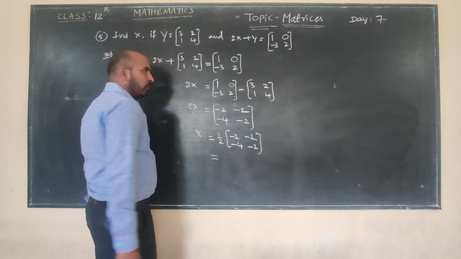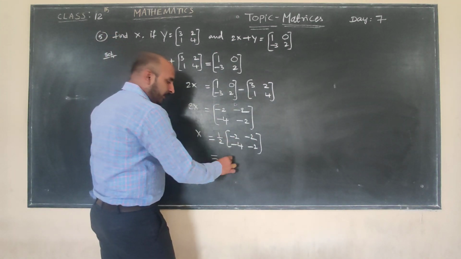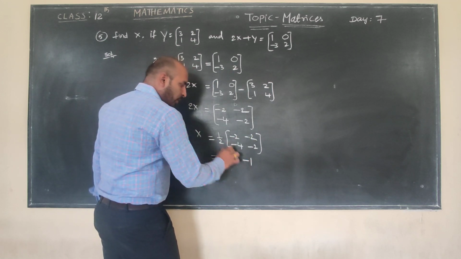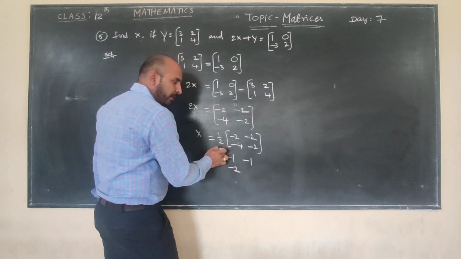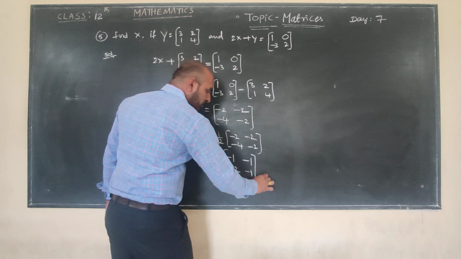Then 2 cancels, this is minus 1. That is also minus 1. Minus 4 divided by 2 is minus 2. Minus 2 divided by 2 is also minus 1. It is a 2 cross 2 matrix.